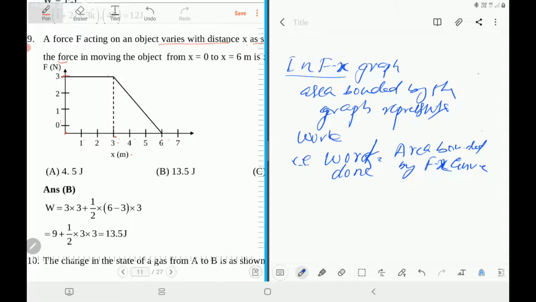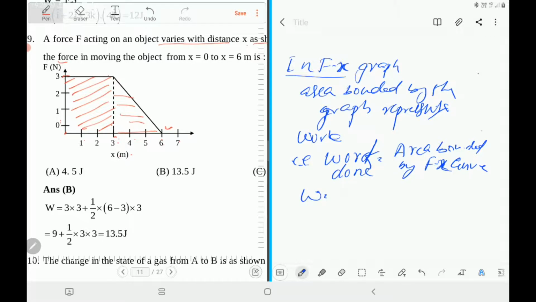Then it decreased and reduced to 0 when displacement was 6 meters. So when you cut this graph, he has already shown it by using his dotted line. This is a combination of two areas, one rectangle, the other triangle. It's very easy in calculation. Now, work done W is equal to the area of the rectangle plus the area of the triangle.